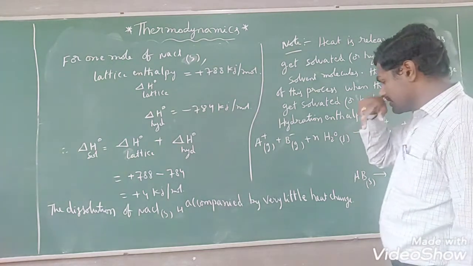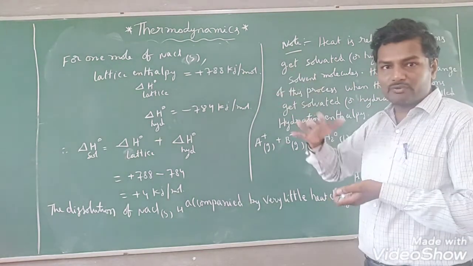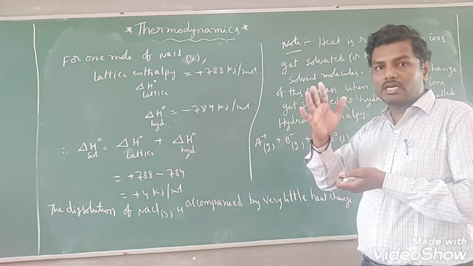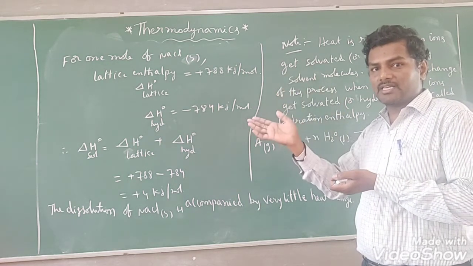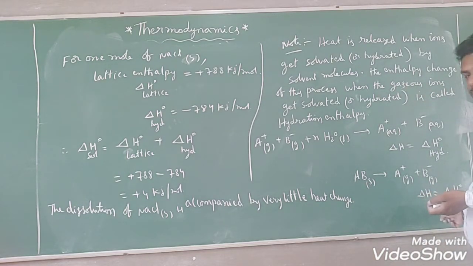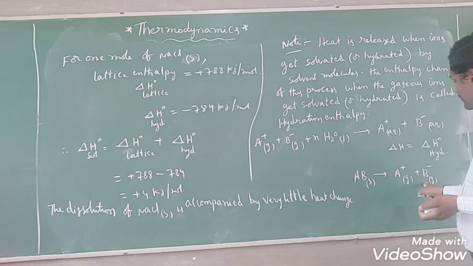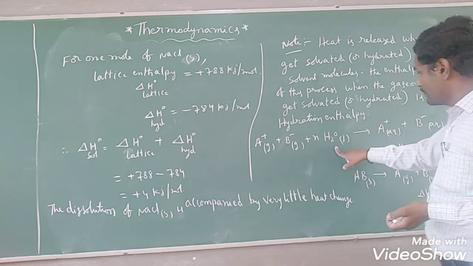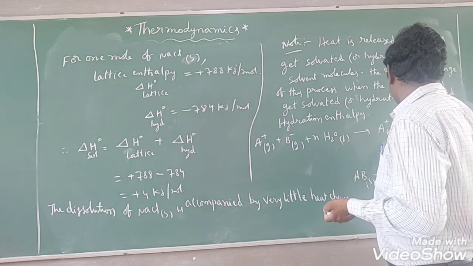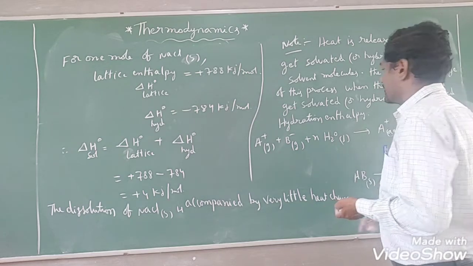hydration enthalpy, right? So first of all, if you take AB solid, that AB solid will be converting into A plus and B minus ions. If they are formed in the gaseous state, then we get the lattice enthalpy. When you dissolve these ions in water, they convert into the aqueous medium, and whatever enthalpy change we get, that is the hydration enthalpy, students.